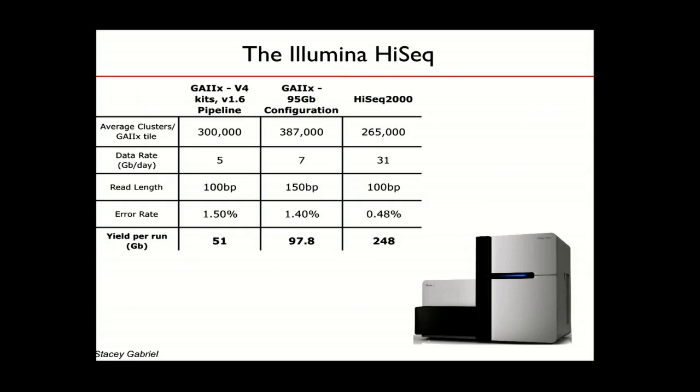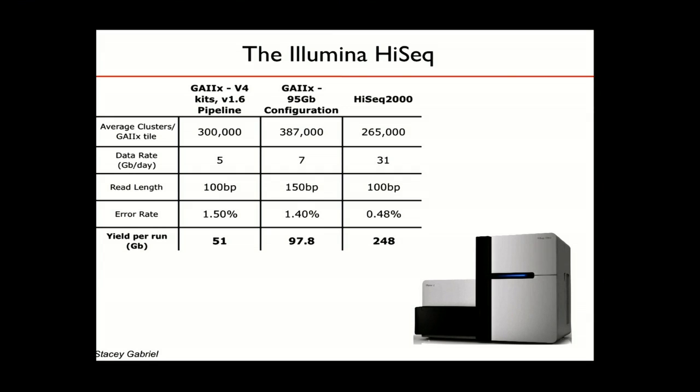So today's workhorse at the Broad is this Illumina HiSeq 2000. This just gives you an idea of some technical details of the machine. Basically, it's 100 base or 76 base reads, all paired end, very low error rates, very high yield per run. So the critical number here is really yield per run in gigabases.